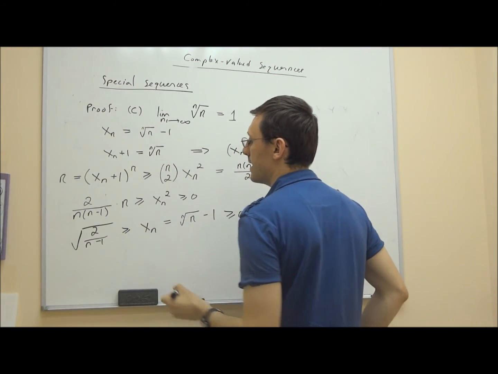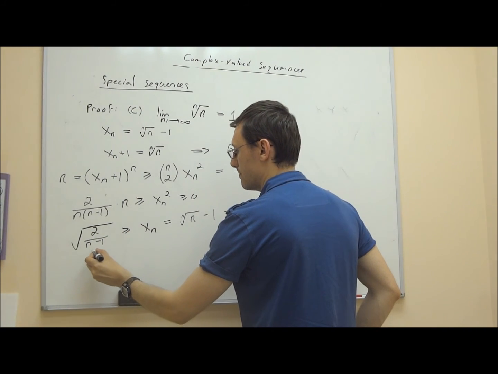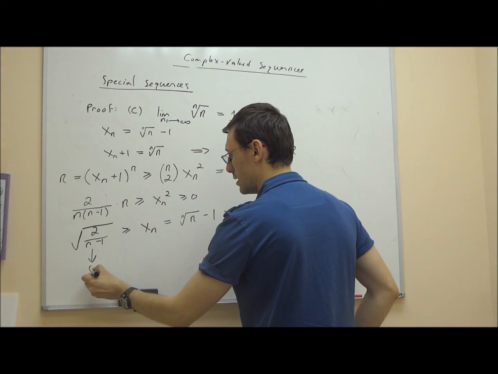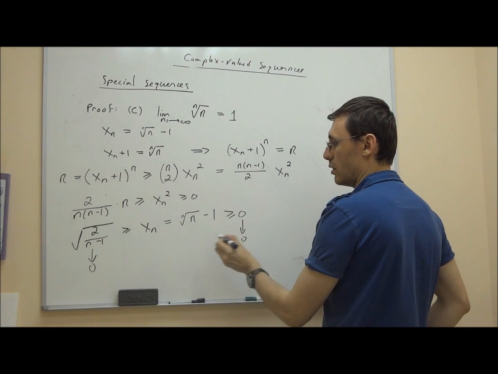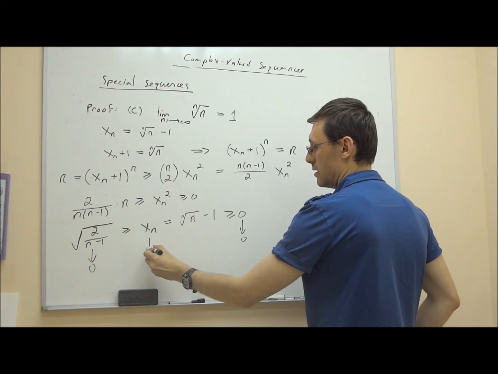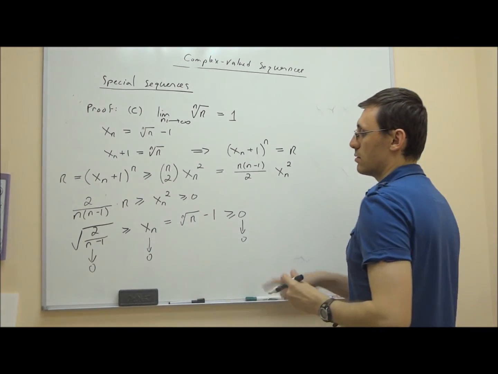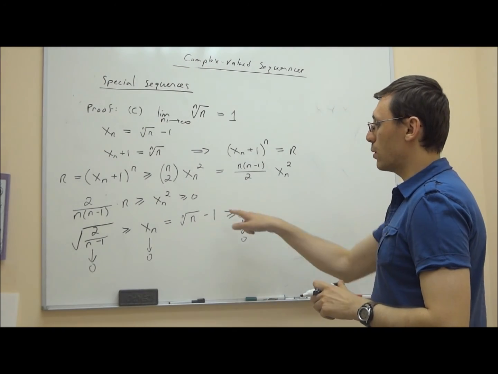That means that as n is pushed to infinity, this number goes to 0. I'll just indicate that this goes to 0, and this, of course, also goes to 0. Therefore, by the squeeze theorem, this here goes to 0. So since xn goes to 0, the nth root of n approaches 1.